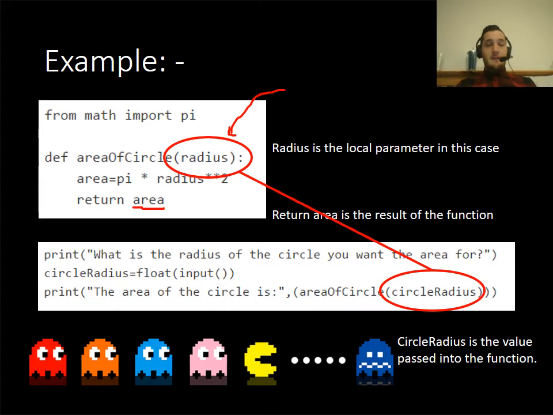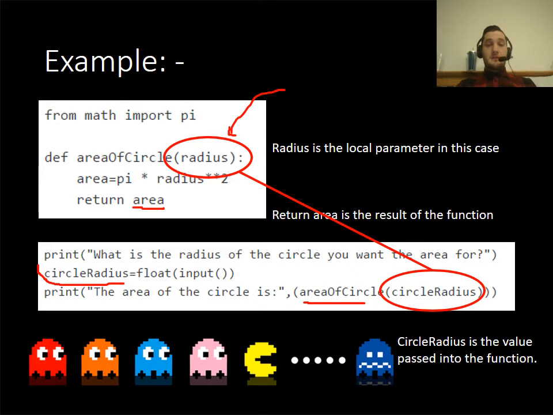So if I print the area of the circle is, I've got the actual function that I've called and I'm passing in this value, circle radius, which I originally got from the input. I'm passing that value in as a parameter so that it can be used in working out the area.